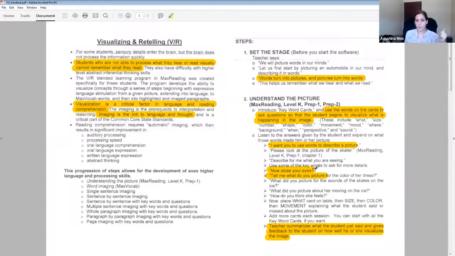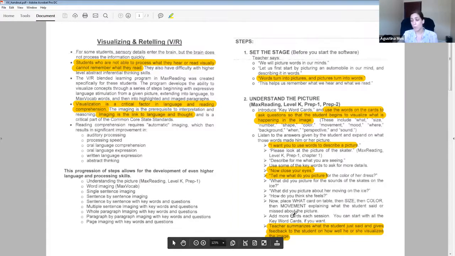The sunlight was coming through. So I'm trying to remember as many details as I can from the picture that is in my head. I don't have the picture in front of me right now. And then at the bottom here, the last paragraph of this page says the teacher summarizes what the student just says and gives feedback to the students on how well he or she visualized the image. So it's pretty much what I just demonstrated.